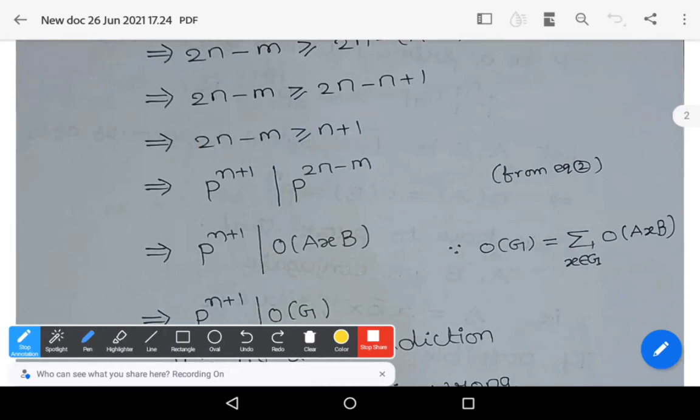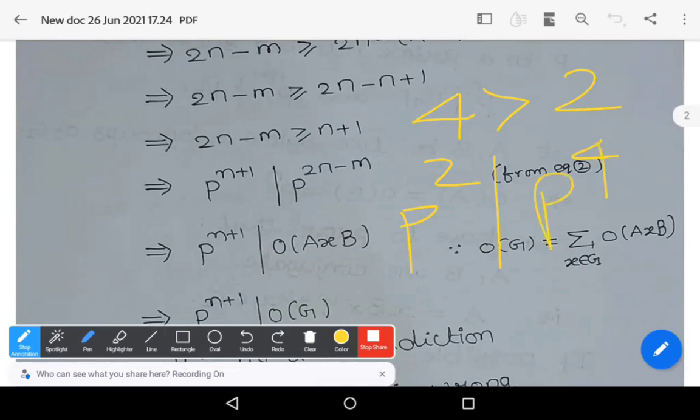I can explain it with an example. Since 4 is greater than 3, p power 3 divides p power 4. Similarly, 4 is greater than 2, so p square divides p power 4.